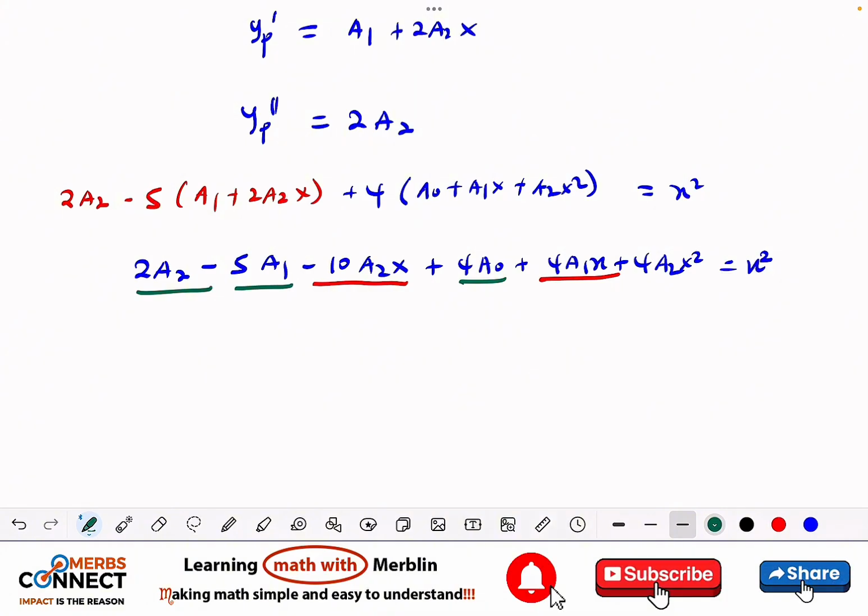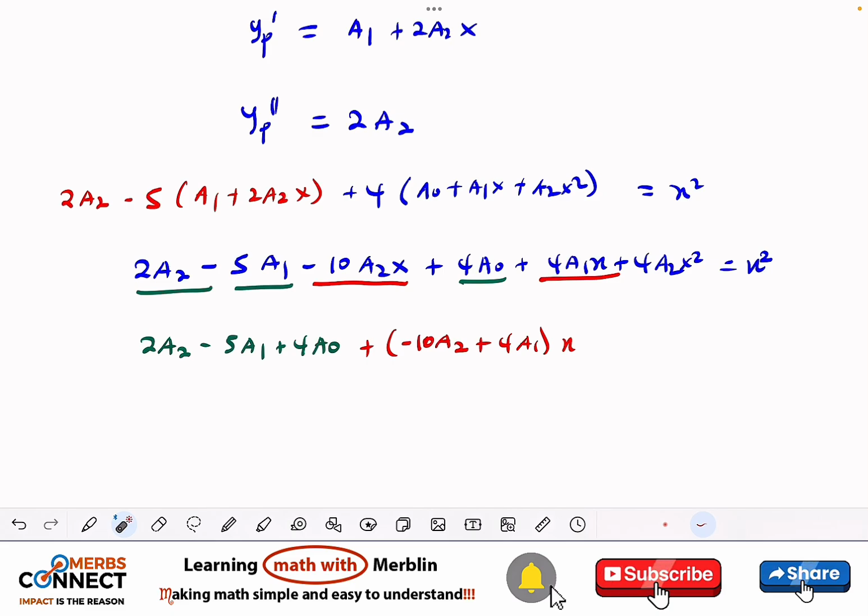So the one with the green is 2a2 minus 5a1 plus 4a0. They are the ones without x. And then the one with x is the one with the red one. So I will factor x out. So I'm going to have something like plus minus 10a2 plus 4a1, times x.